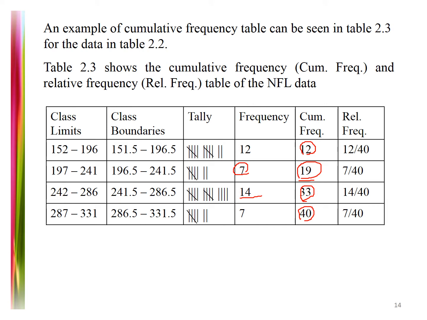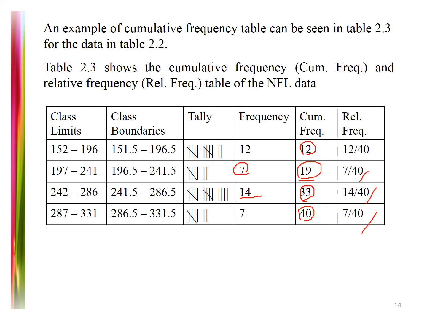And also the relative frequency, which means the corresponding frequency divided by the total number of observations. The total number of observations here is 40, so 12 divided by 40, 7 divided by 40, 14 divided by 40, 7 divided by 40, that is the relative frequency.